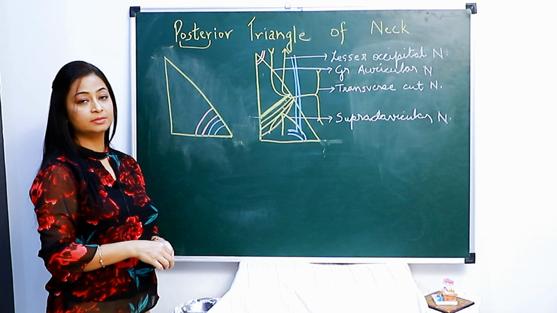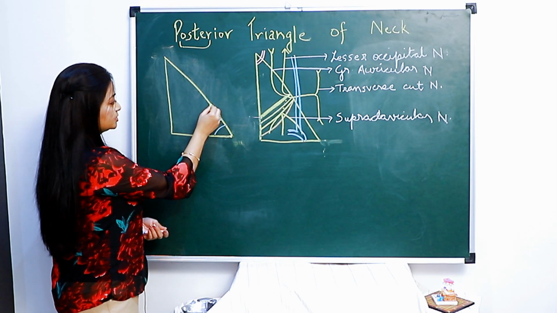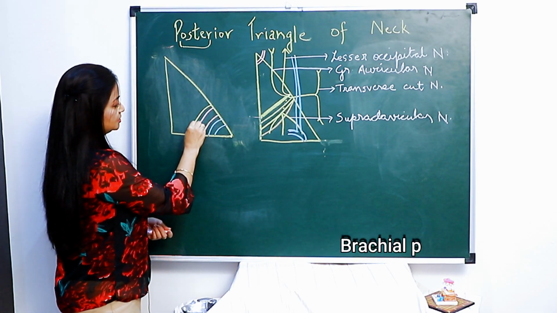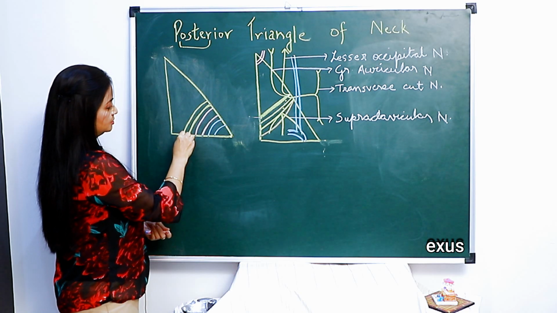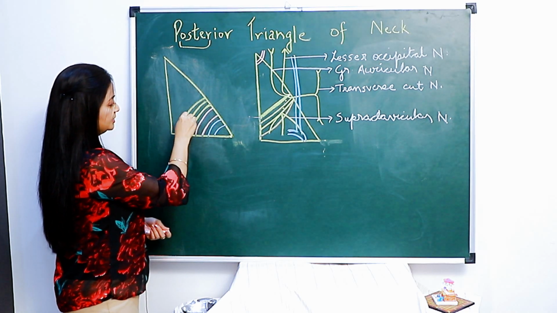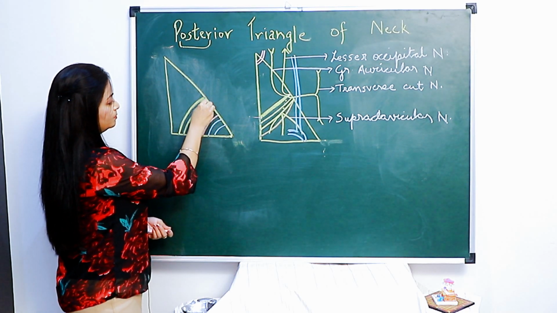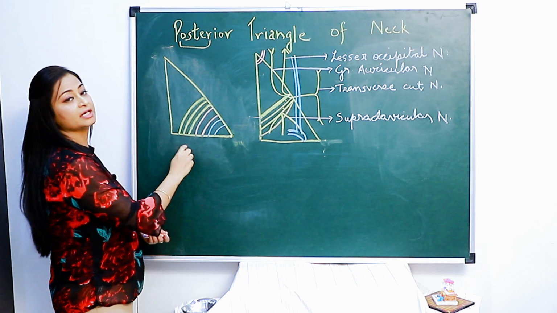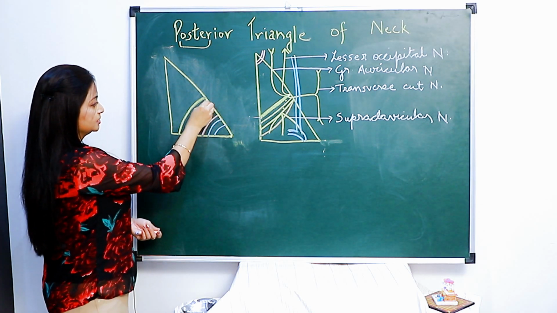Now, apart from these, the three trunks of the brachial plexus, the lower, the middle and the upper trunk, also pass through the supraclavicular triangle.